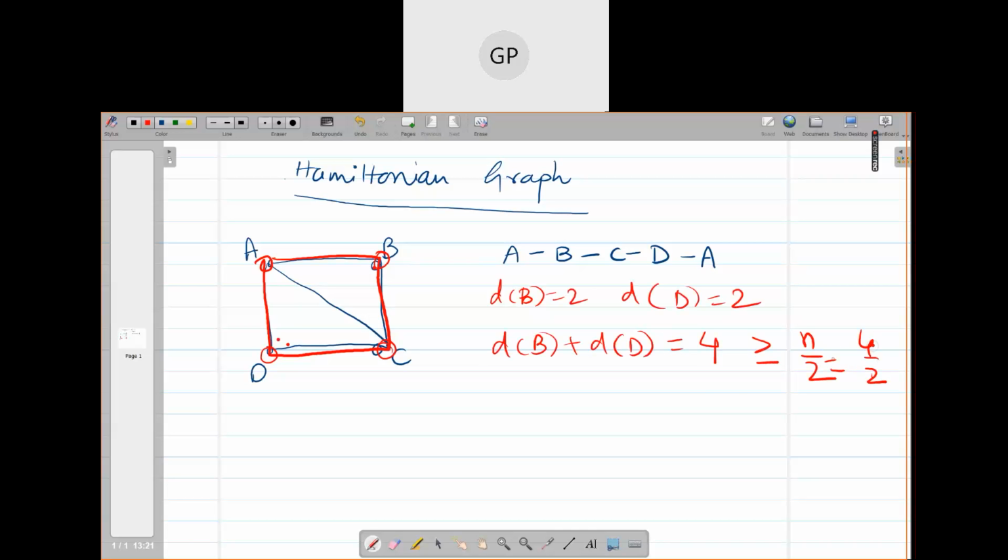So here 4 is greater than 2. And if this graph is Hamiltonian, then the original graph is Hamiltonian. And here we can very easily see that the graph is Hamiltonian.